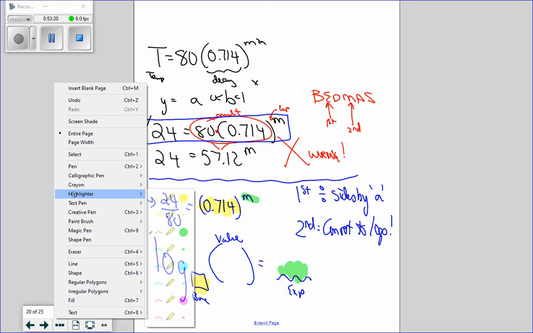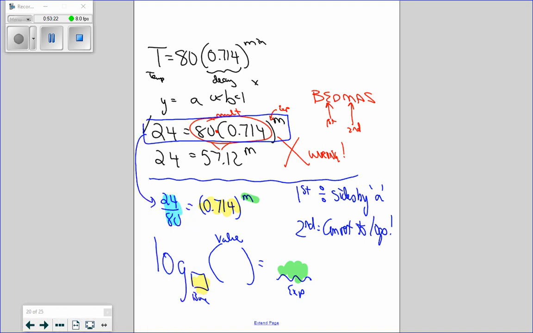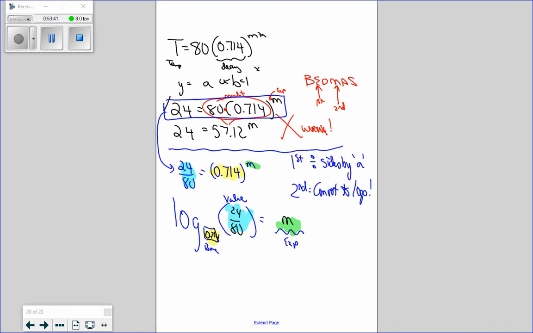And then that leaves us with 24 over 80 being some random value. So you've got log base 0.714 of 24 over 80 equals m. So the question says, determine the first mistake that they made, then provide a correct algebraic solution. So at this point then, you would just plug this in using your calculator, and you get out the minutes.